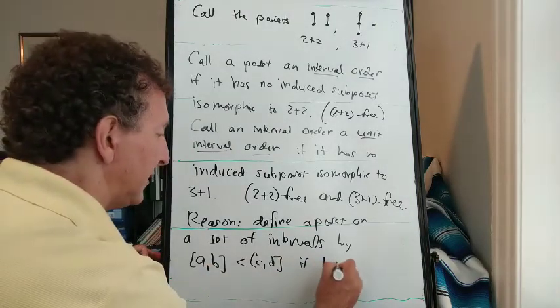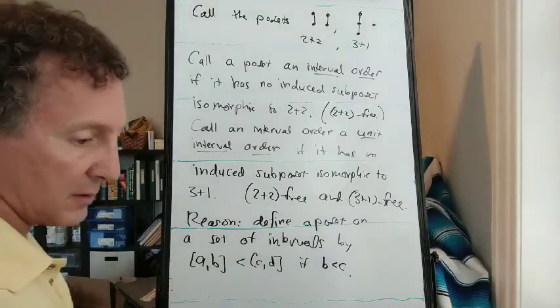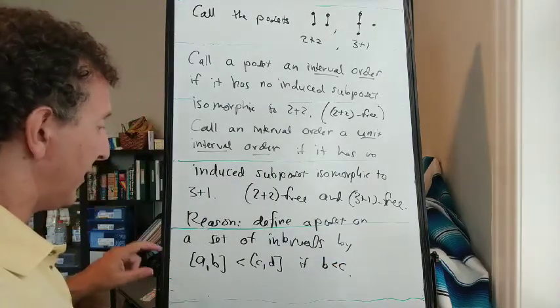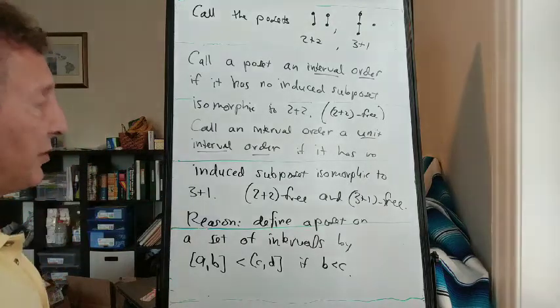So if B is less than C. And then the resulting posets are precisely the 2 plus 2 free posets.